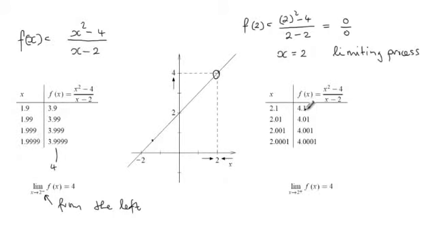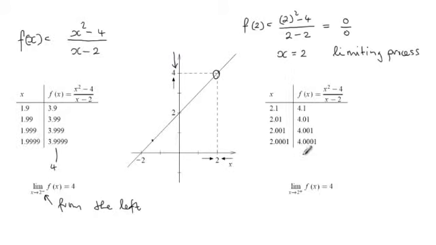Now, if we evaluate them in that same order, we get these values, and as you can see, this sequence is also decreasing towards 4. In other words, the values are above 4, but they are decreasing towards 4.